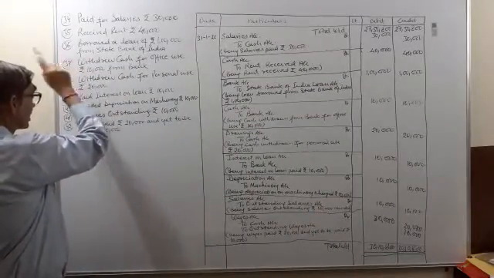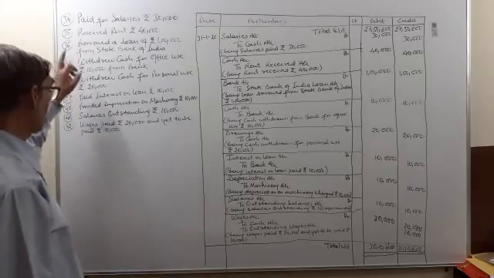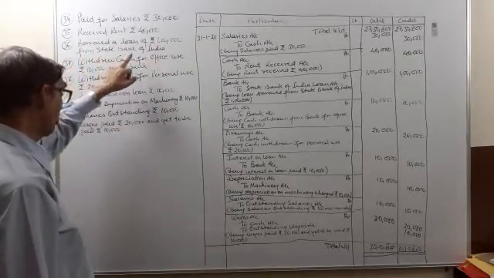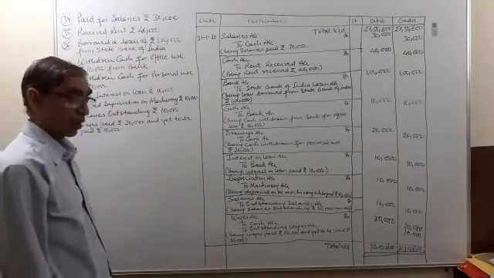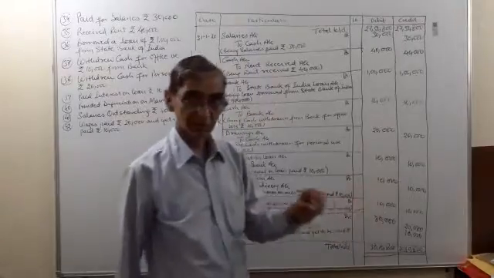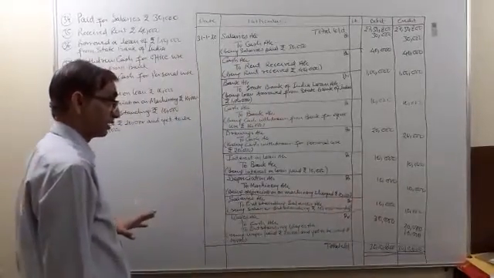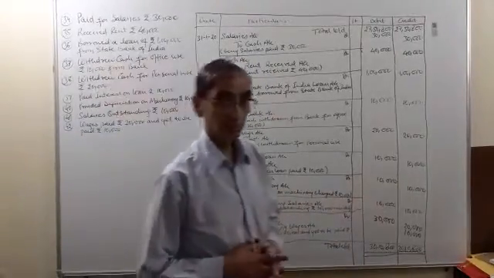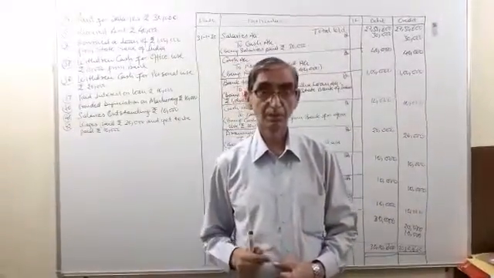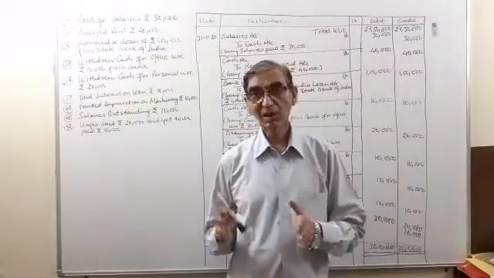Now transaction number 36. Borrowed a loan of rupees 1 lakh from State Bank of India. We have borrowed a loan of rupees 1 lakh from State Bank of India. So whenever the bank sanctions the amount of the loan, it will not give us cash.